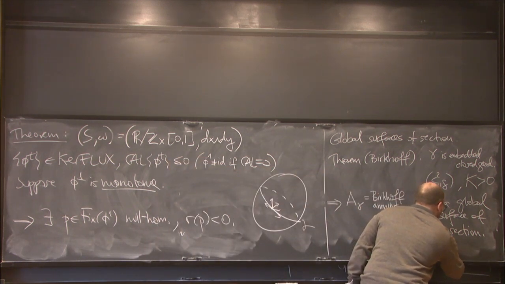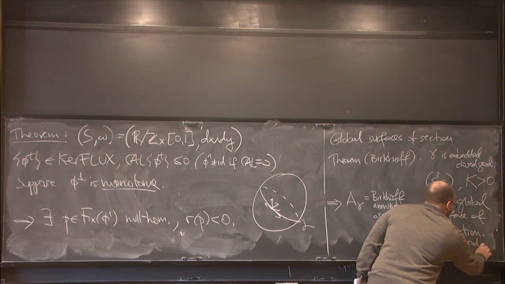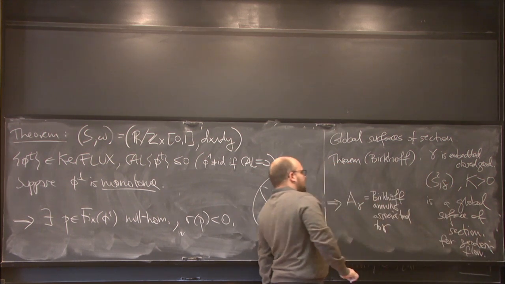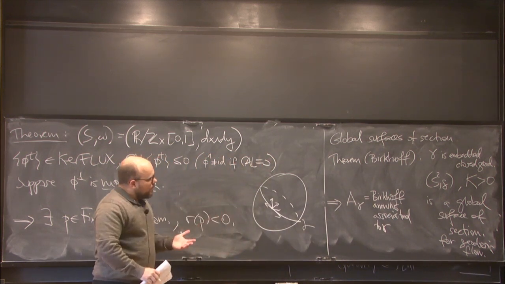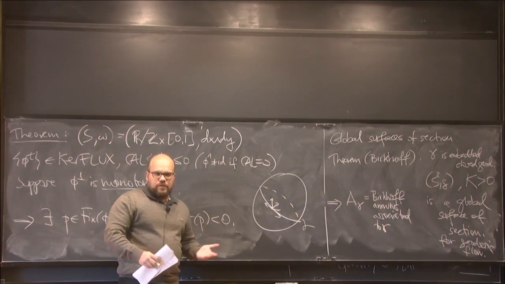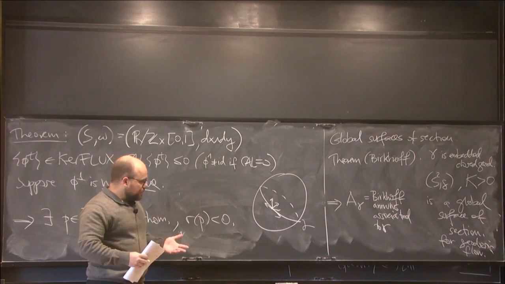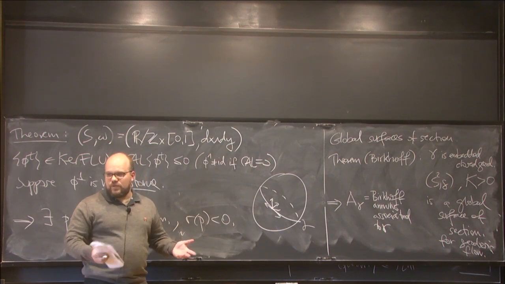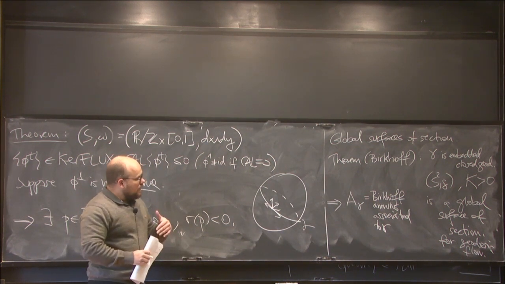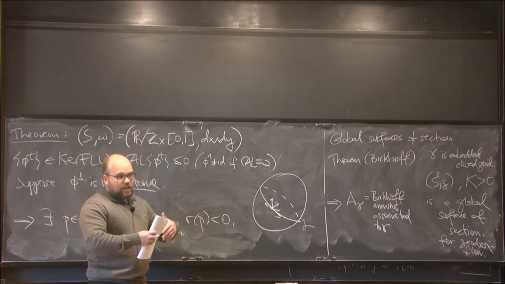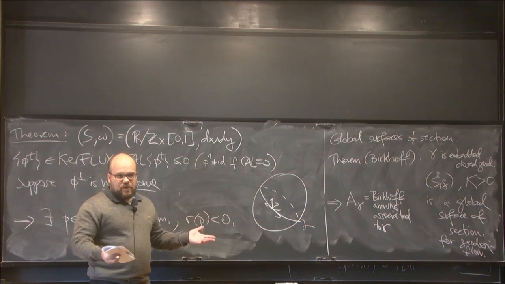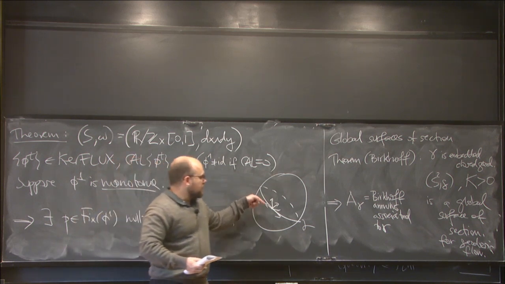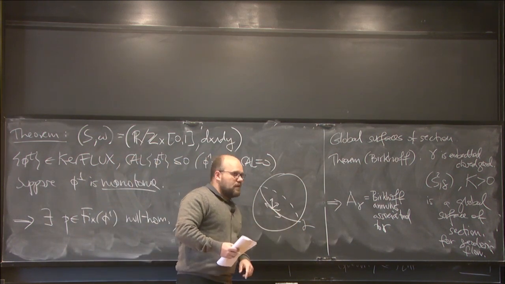In the sense that the unit sphere bundle is a three-manifold, a copy of SO3. And then you have the geodesic flow, and this embedded annulus is lying there. The boundary of the annulus consists of periodic orbits, these two geodesics going that way and going that way.